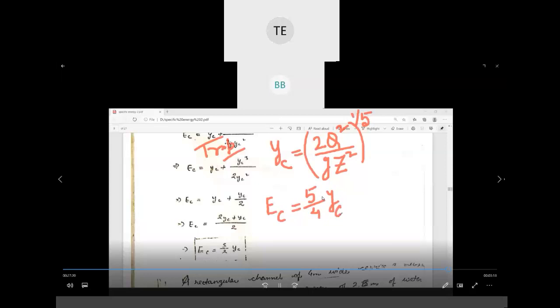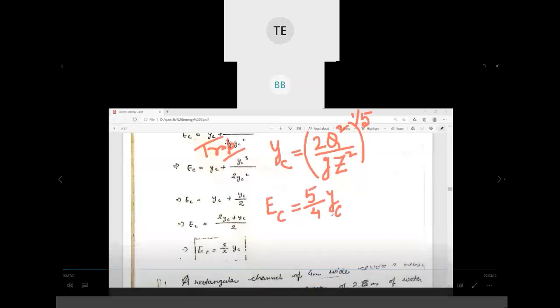See, rectangular channel is very simple to derive and very simple to remember also. When you go for competitive exam, they used to ask for trapezoidal. Sometimes they ask for rectangular, but maximum time they ask for trapezoidal. So that is why you write down this expression. For YC, it's 2 q square divided by gz square.